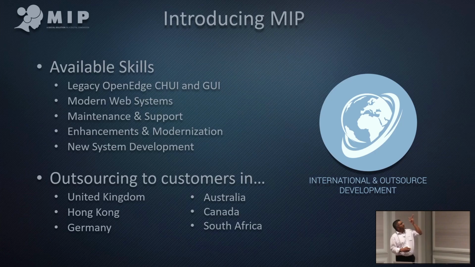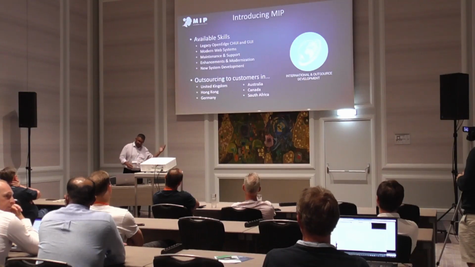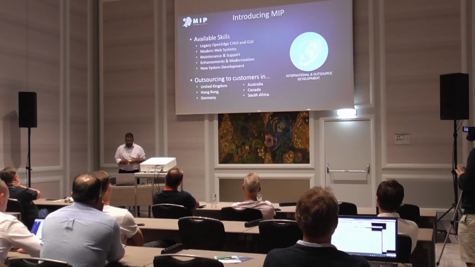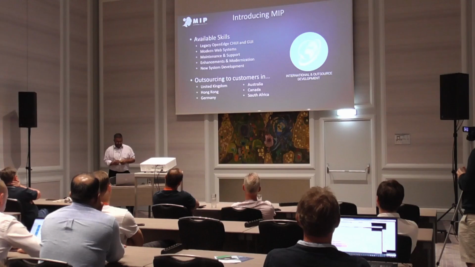Our available skills there is, we cater for legacy OpenEdge, character and GUI applications. We do modern web systems, PAS and WebSpeed systems. We do maintenance and support, enhancements and modernization, and new system development there. And as I said, our newest division outsources to the UK, Hong Kong, Germany, Australia, Canada, and South Africa.